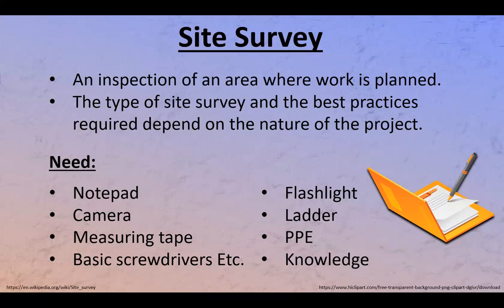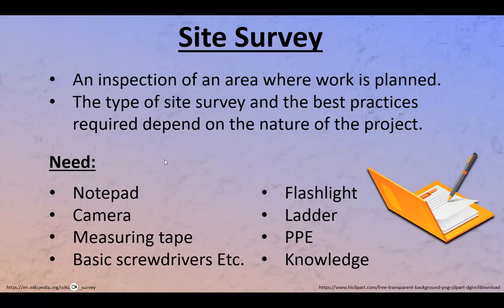Maybe the construction is an old construction and maybe 60, 50, 100 years ago, people did not provide for the needs for a Cat 5e to be installed. So things would be sealed, built up. So you need to find ways. A good survey can make the job possible. A good survey can make the job one that you can actually make money on instead of losing money on it. Right?